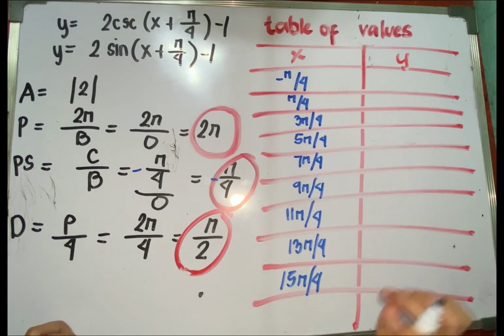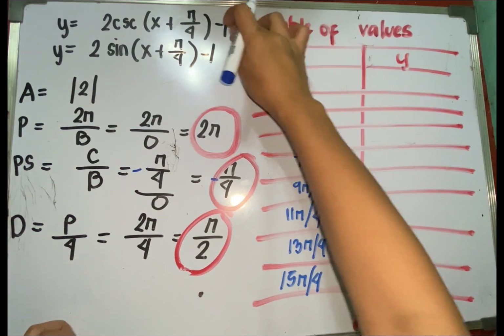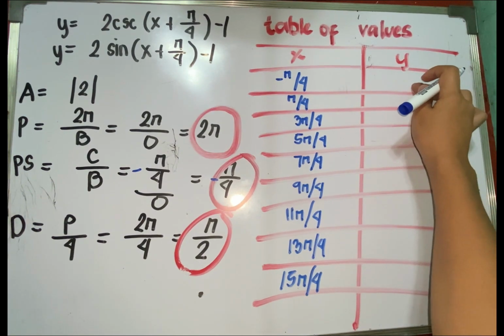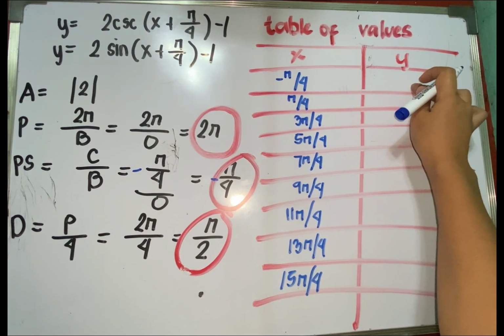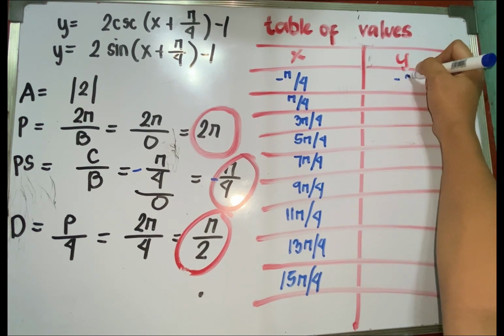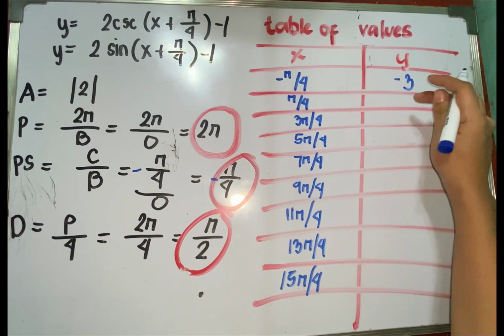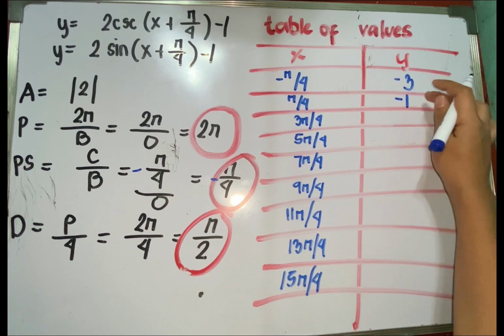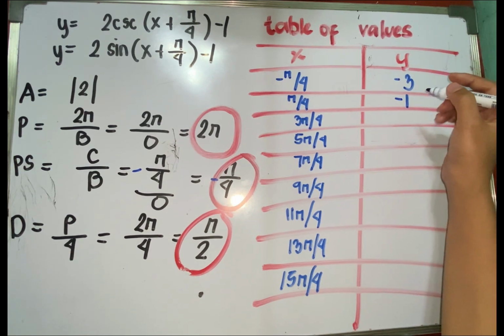Now, since we're already done with our x, we're going to move to our y, where we have this -1, since we start with it. From the origin, it is -3. Since it's 2, it becomes -1. We start with -1, so it is our new origin.